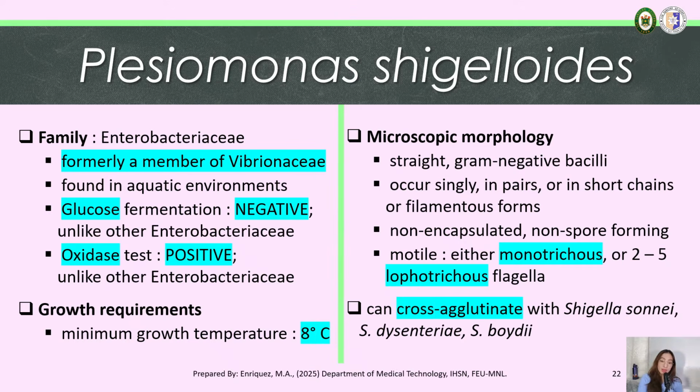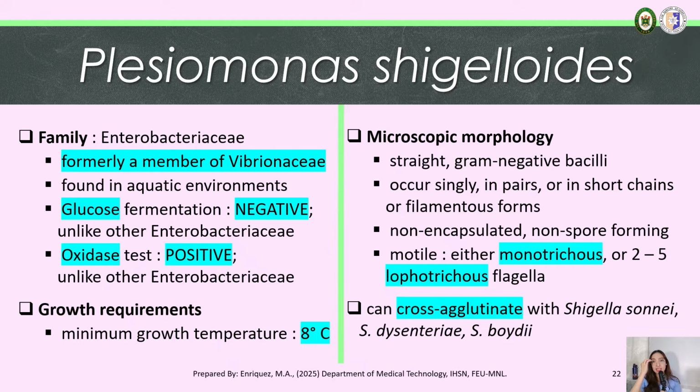Next, kanina po nabanggit din natin sa general characteristics, Enterobacterales members are glucose fermenters, diba? But Plesiomonas shigelloides is negative for glucose fermentation. Also, one of its similarities to Vibrio is that it is also sensitive to the O129 vibriostatic agent.